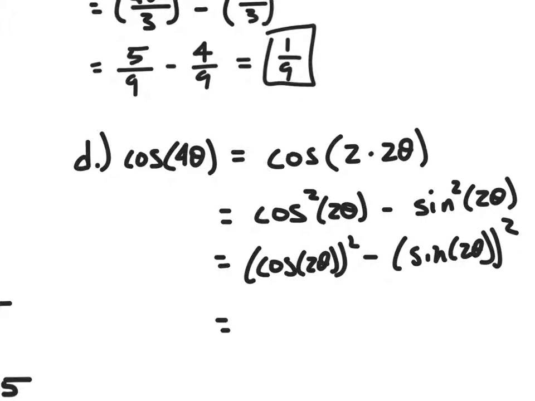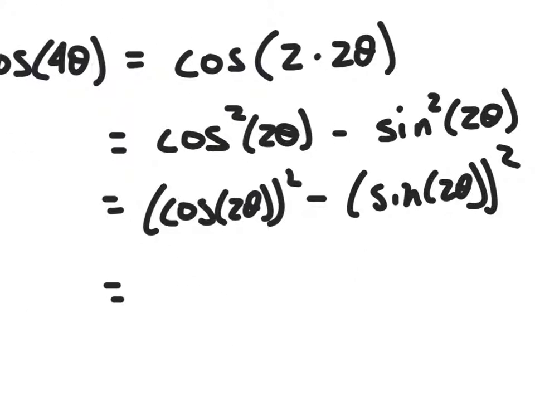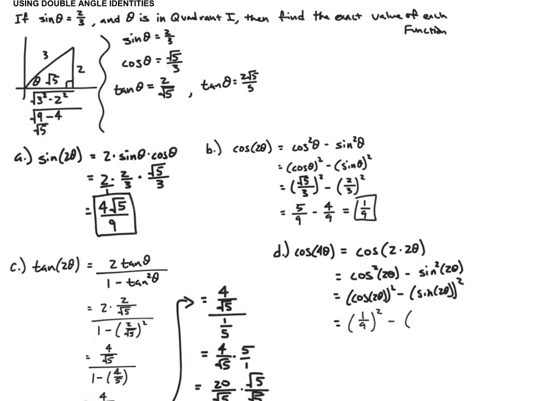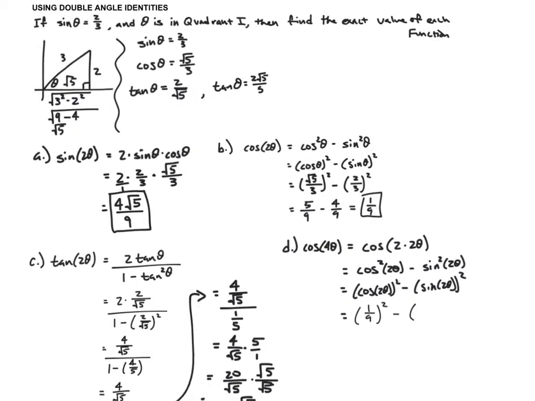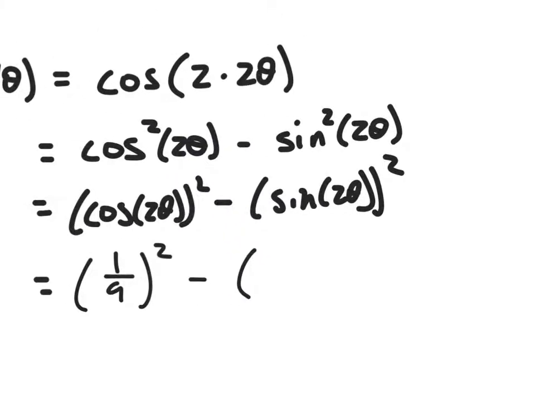So remember cosine of 2 theta up here, in this example, we got that as 1/9. So I'm going to rewrite this as the quantity 1/9 squared minus sine of 2 theta, which was 4 square root of 5 over 9 squared. So 4 square root of 5 over 9, that whole thing squared.